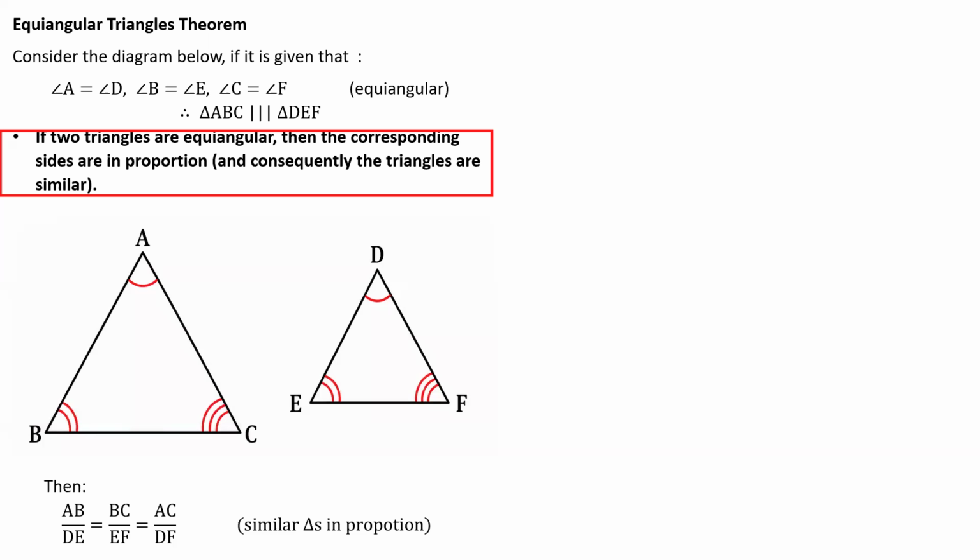Say that again: if two triangles are equiangular, then the corresponding sides are in proportion.